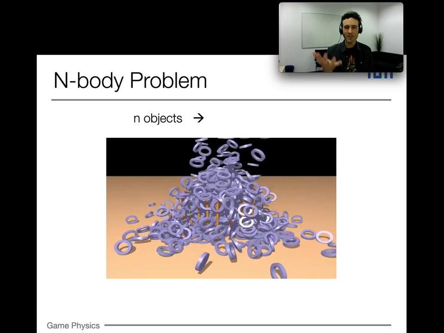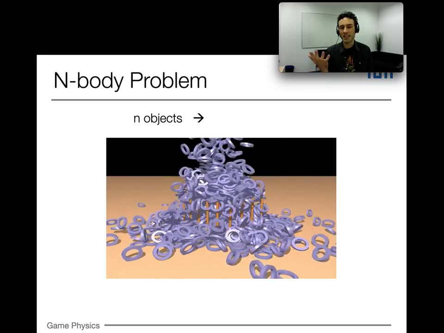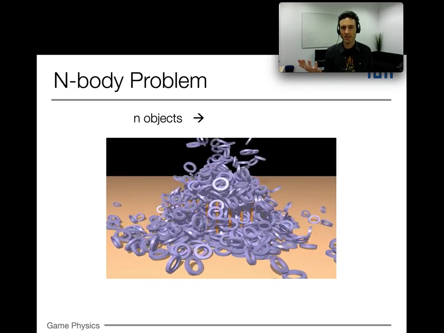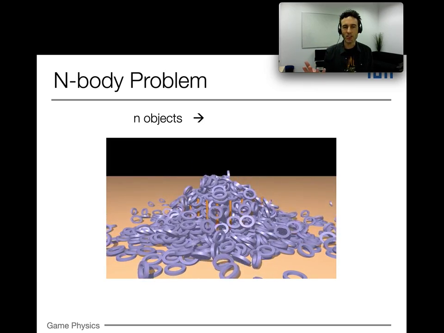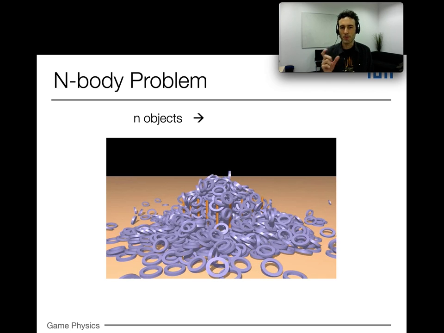Given n objects, how many tests, worst case, do we actually need to perform? What is the complexity of this step in terms of collision pairs? If you think about it, this is essentially n squared, because every one of the n objects could collide with every other of the n objects.